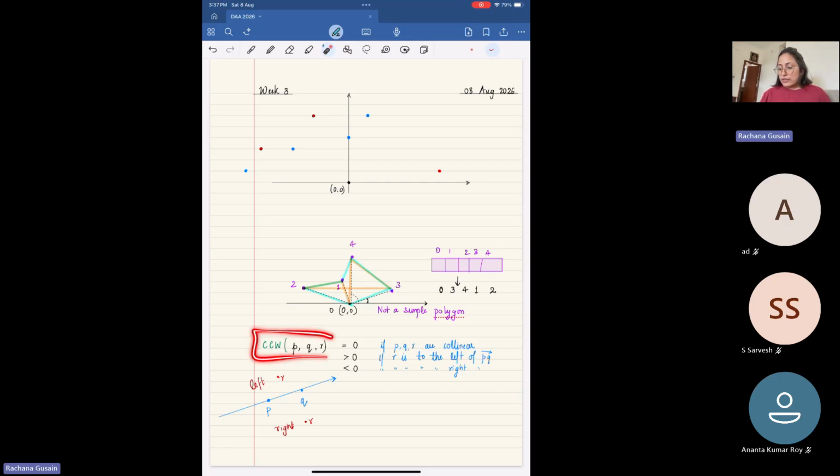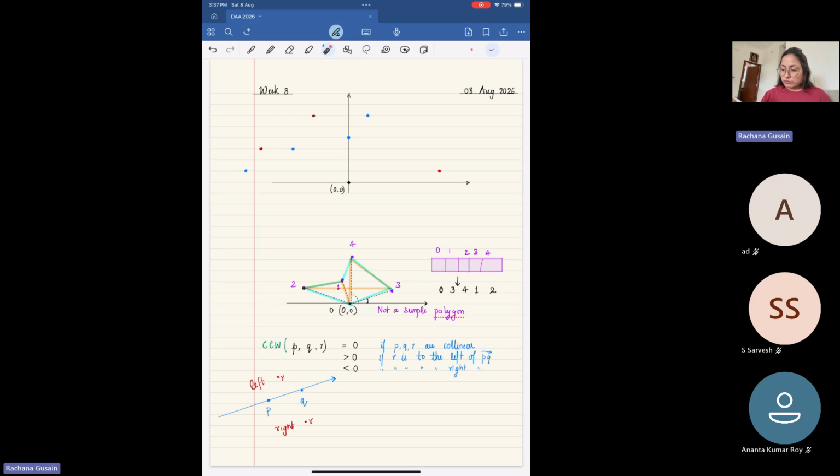The CCW test can be implemented just using the concept of slopes. You can find the slopes of lines PQ and PR and accordingly implement this CCW function.